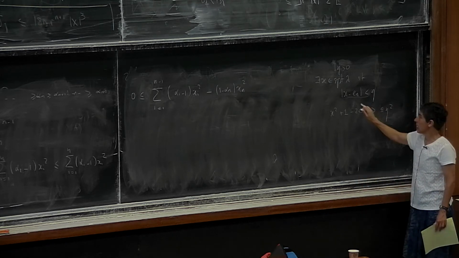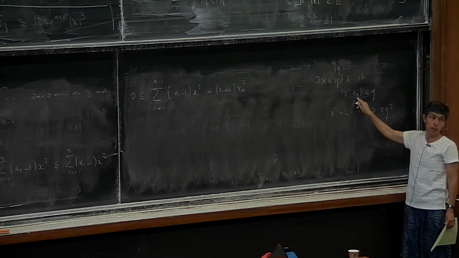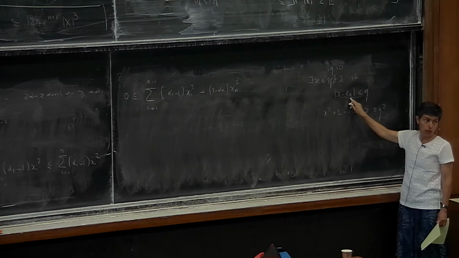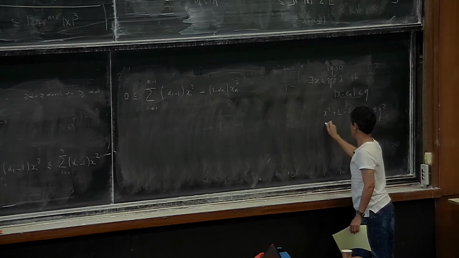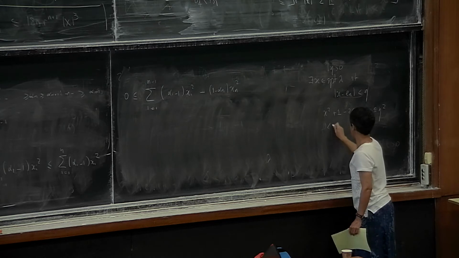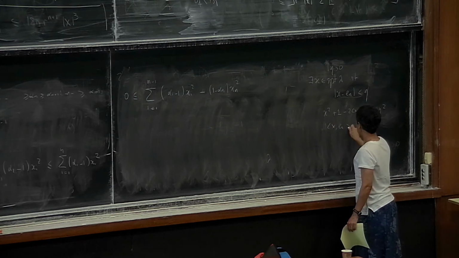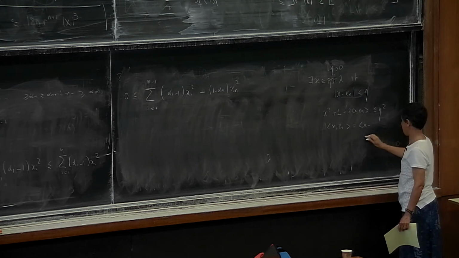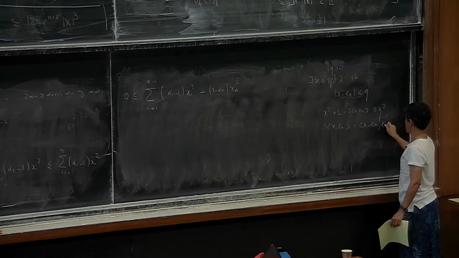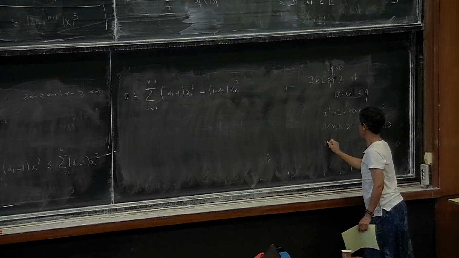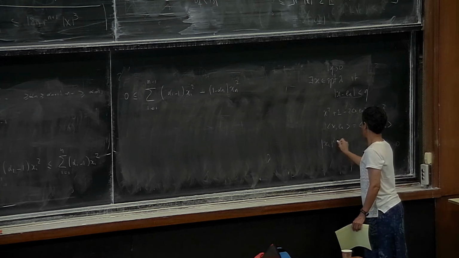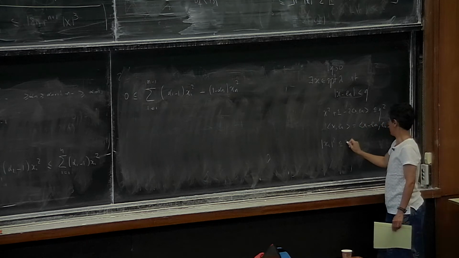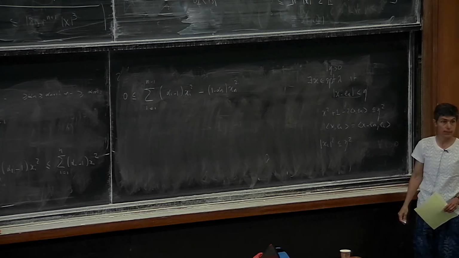Let's think for a minute. x is close to e sub n. It means in particular that the inner product of x with e sub I, well, x e sub I is x minus e sub n with e sub I, and therefore this tells you that x sub I squared is going to be less than eta squared.